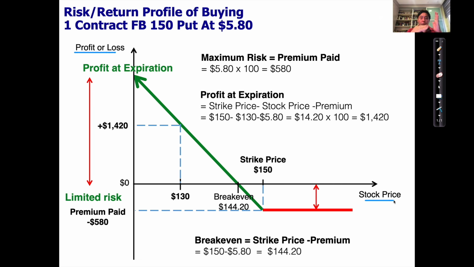So stock price goes up, stock price goes down. Now remember, when you buy a call option, it's the Nike sign like that. And when you sell a call, you flip that Nike sign this way. When you buy a put, it's kind of like a mirror image of the Nike sign. So when you buy a put, it's like that.